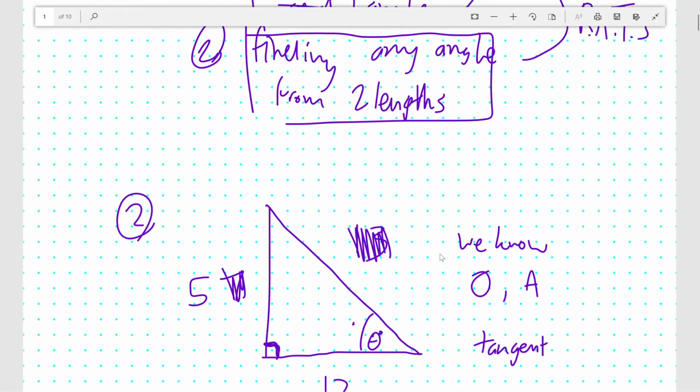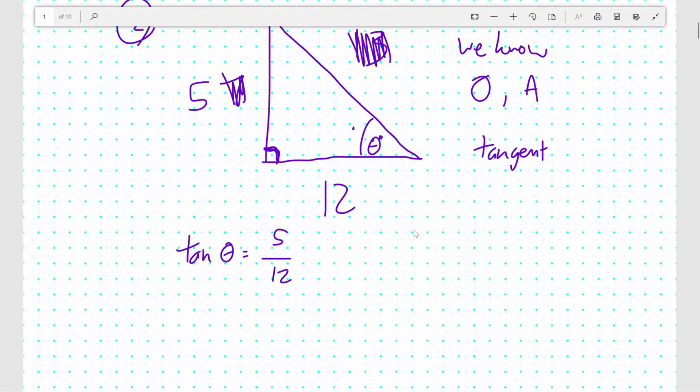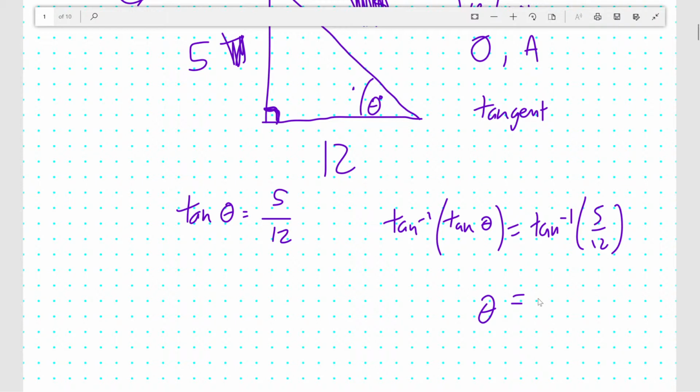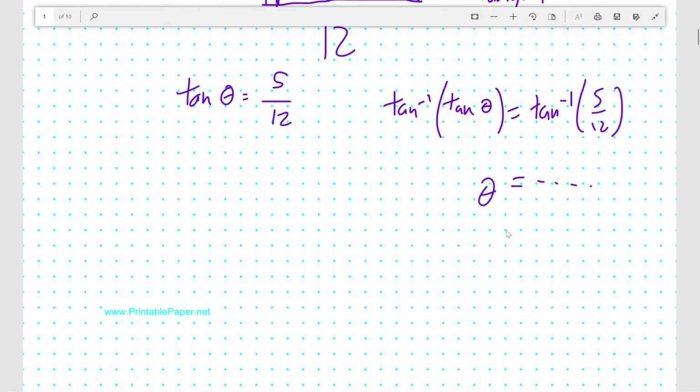And so what we can do now is use the inverse trig function, tangent -1 of both sides, to find that the angle here is going to be tangent -1.